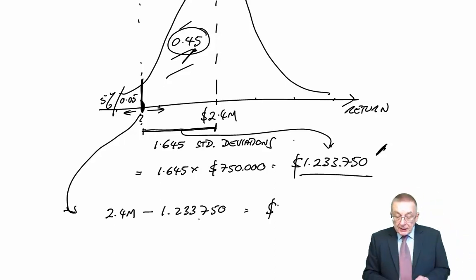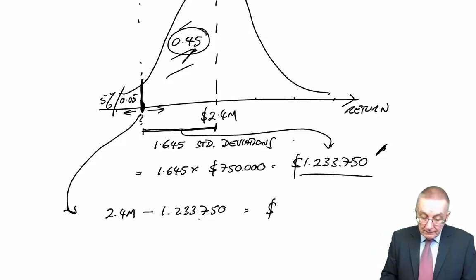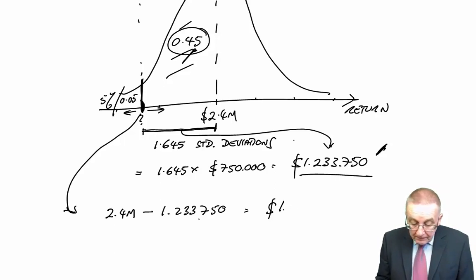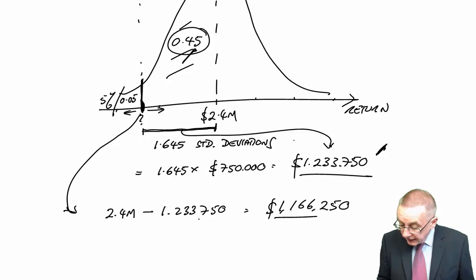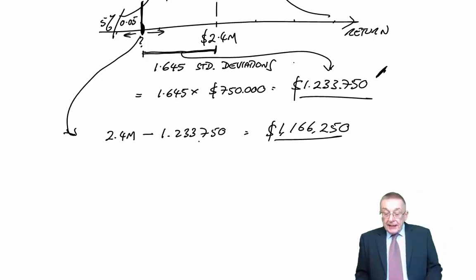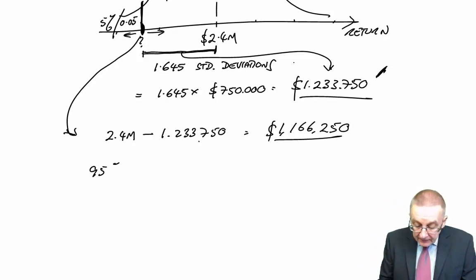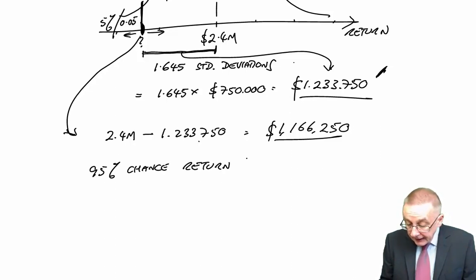And so a cut-off of 1,166,250. And if you've understood me, you should be happy that there's a 95% chance that the return will be higher than that figure.